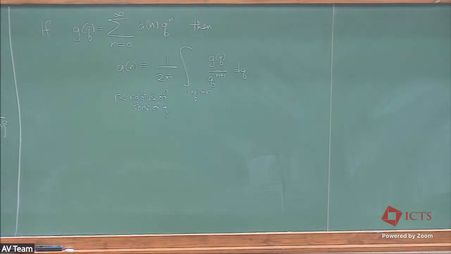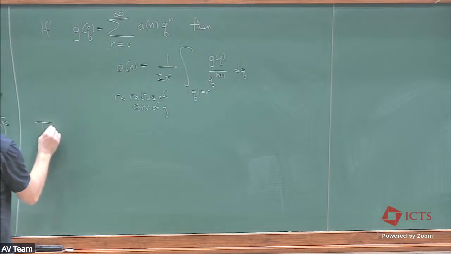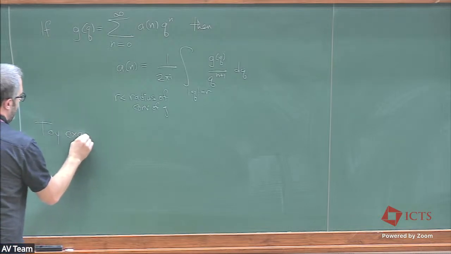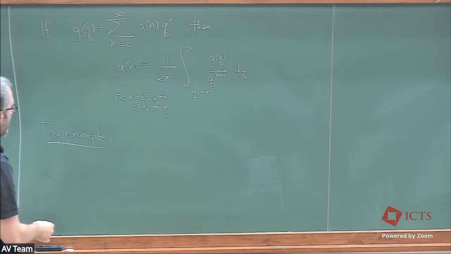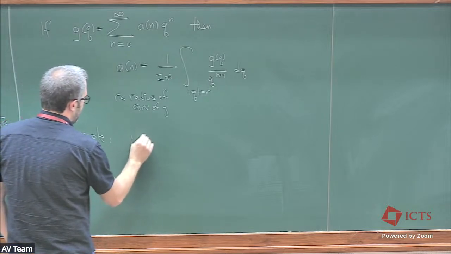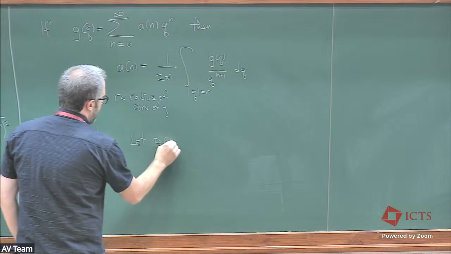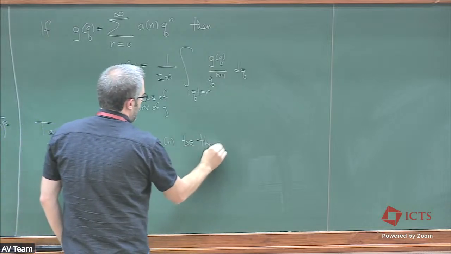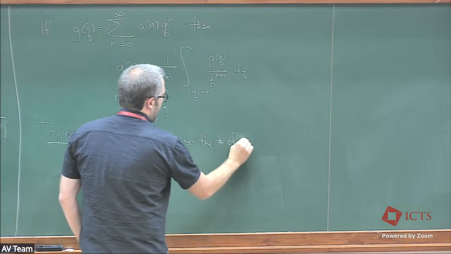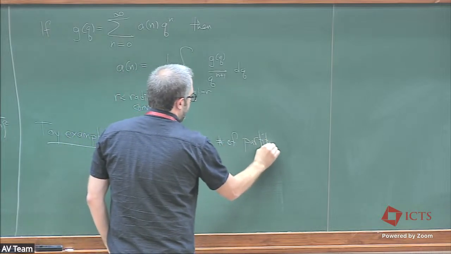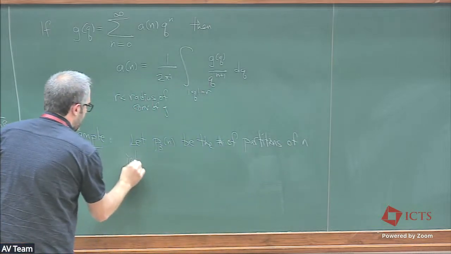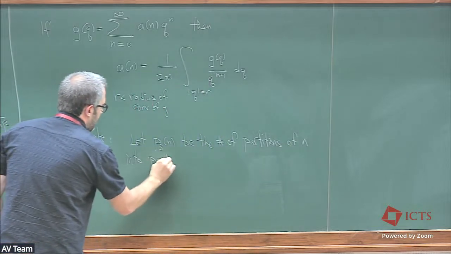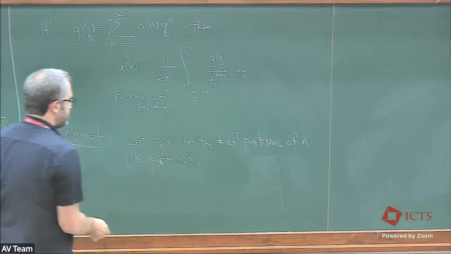So maybe let's actually just run through the details of a toy example really quick. Partitions are complicated, so let's do something quite a bit simpler. Let p3 of n be the number of partitions of n into parts less than or equal to 3.